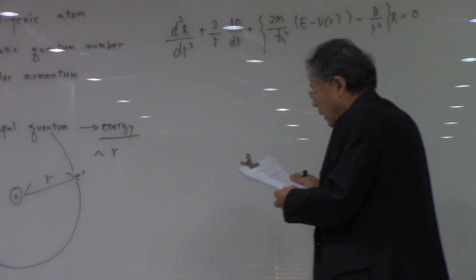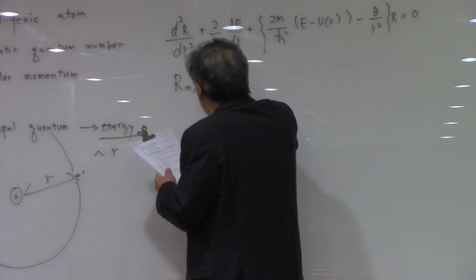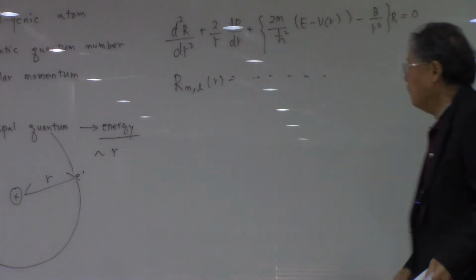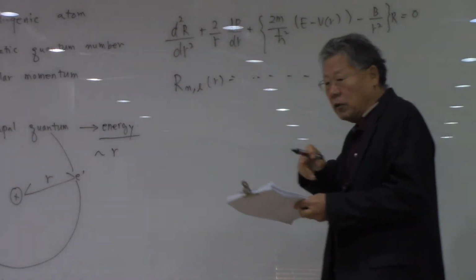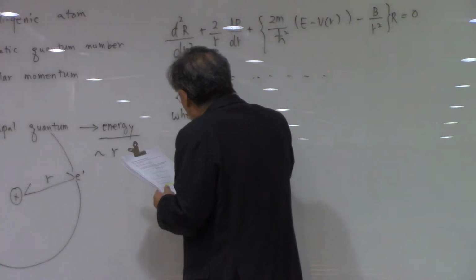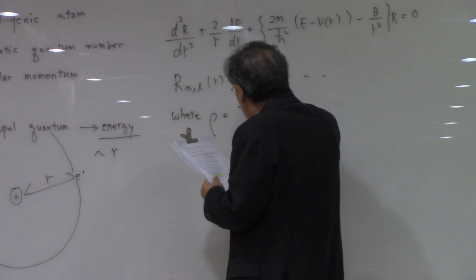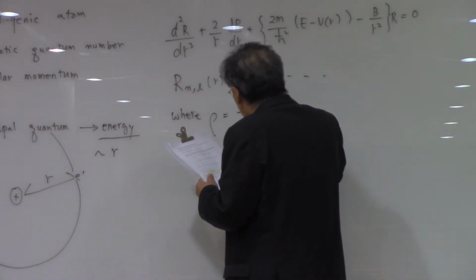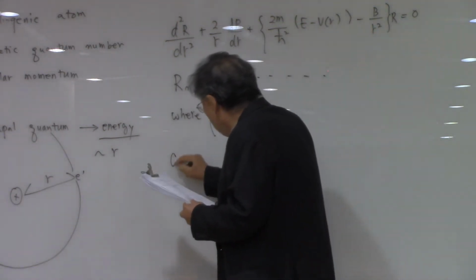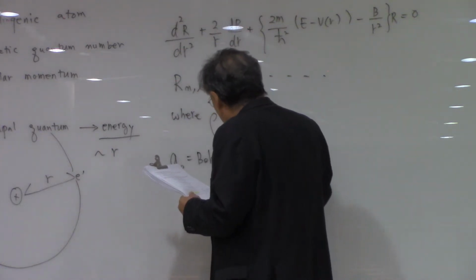The solution of this is a very complicated equation which is given in the text. In this equation, the charge density is going to be 2Rn over a naught, and here a naught is going to be called the Bohr radius.